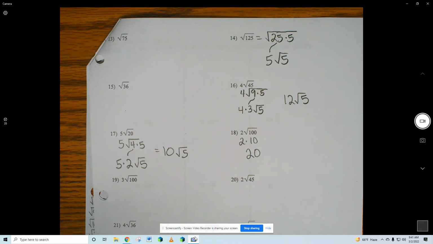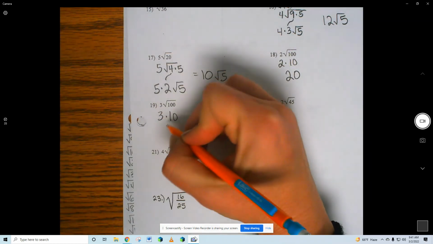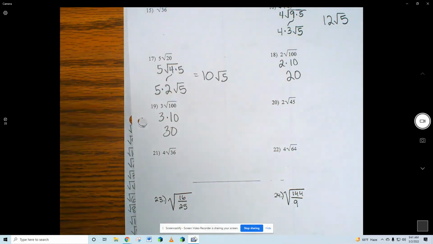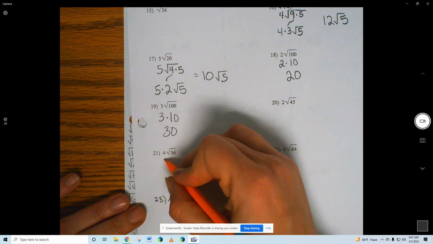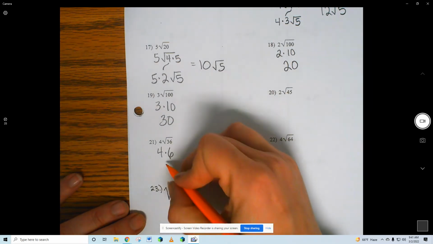So those types of problems, would it be the same for number 19? Would it be 3 times 10? 3 times 10, 30. And then for number 21 as well? 21. 4 times 6. 24.